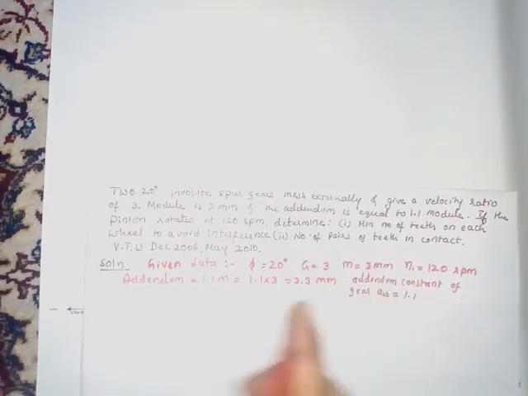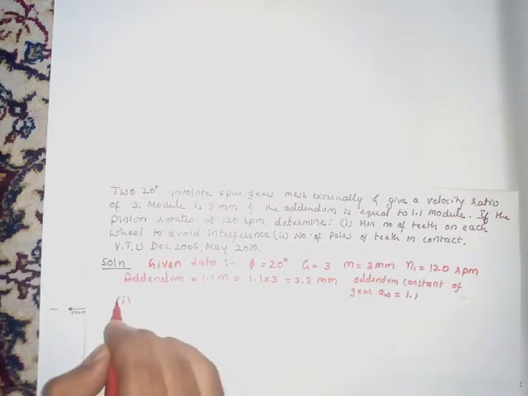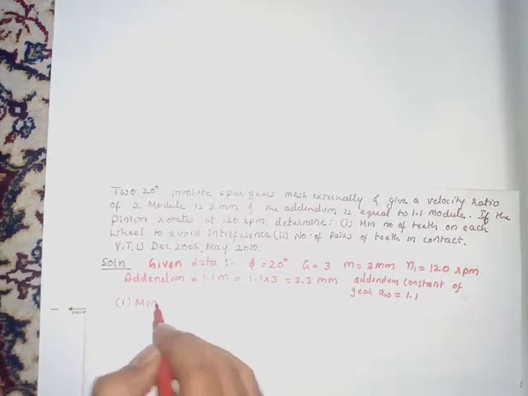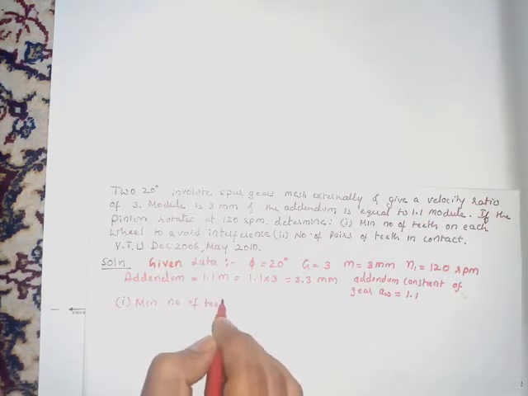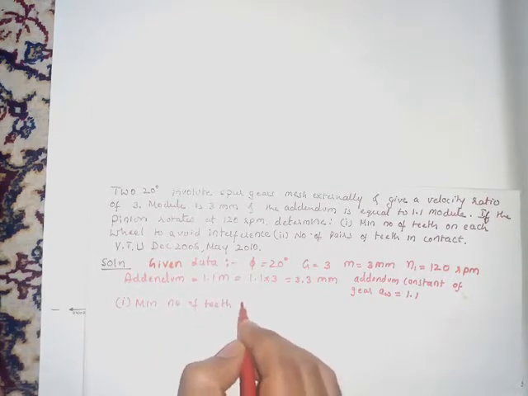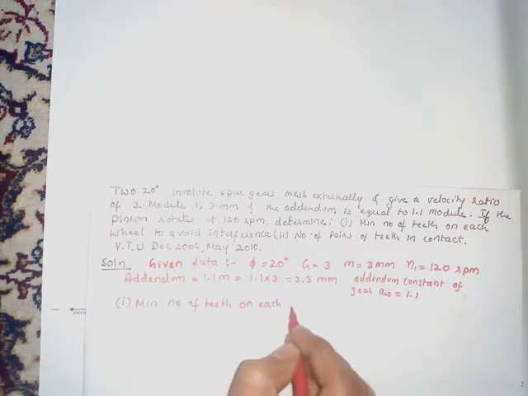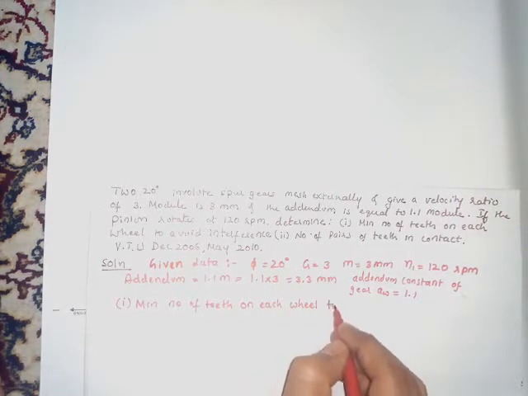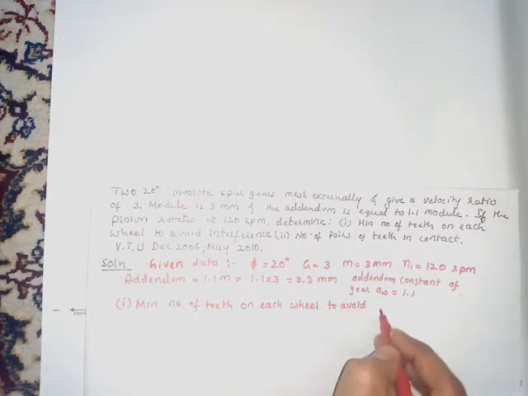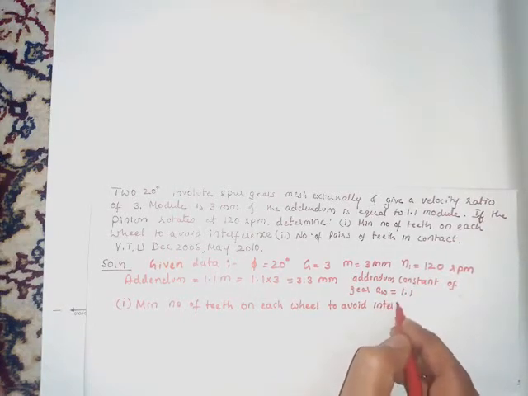First one is the minimum number of teeth on each wheel to avoid interference.